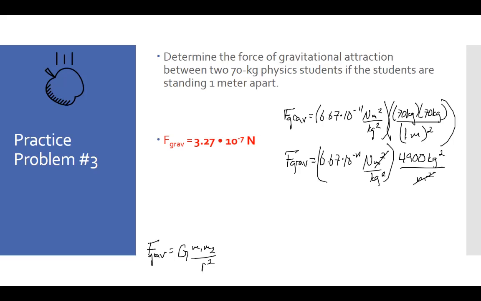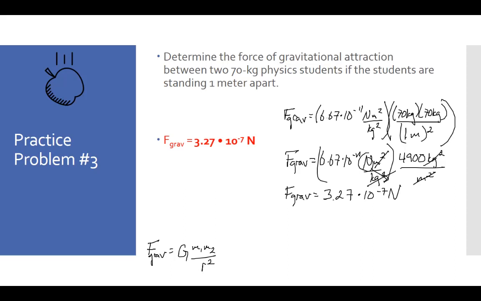We cancel meters, cancel kilograms. So then we multiply that by 6.67 times 10 to the negative 11th. And look at that: 3.27 times 10 to the negative 7th. Very good. And we're left with newtons, so we can just pull that down. Newtons. All right. Excellent work, guys.